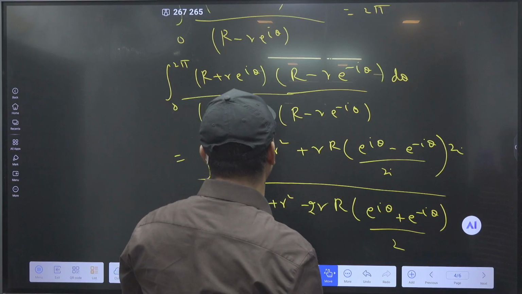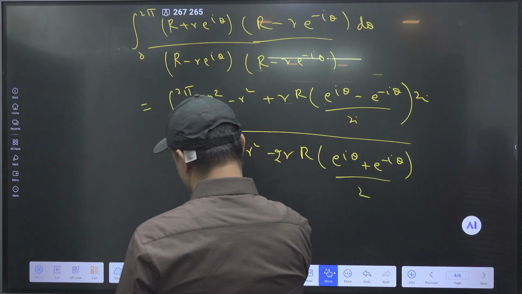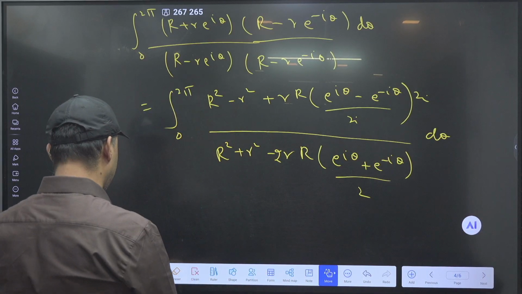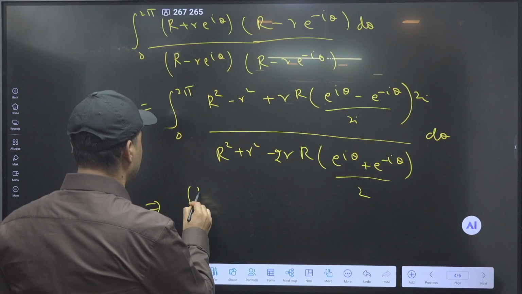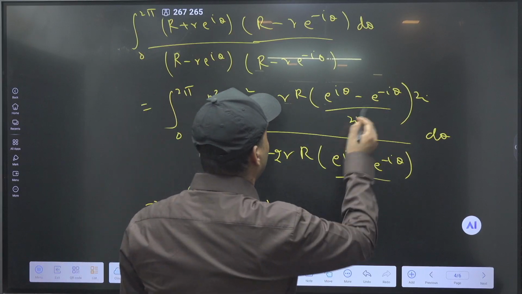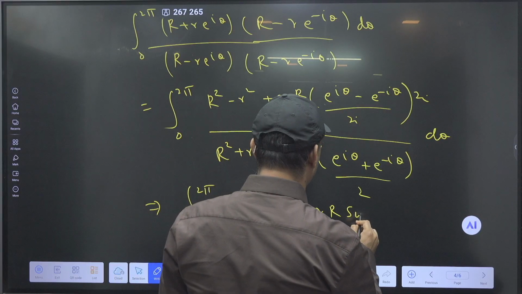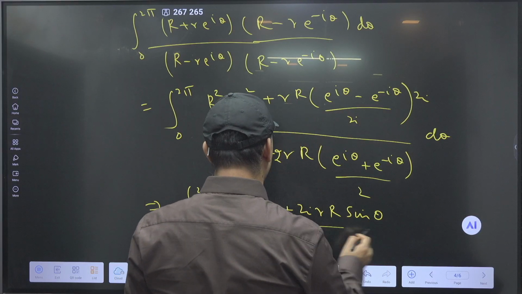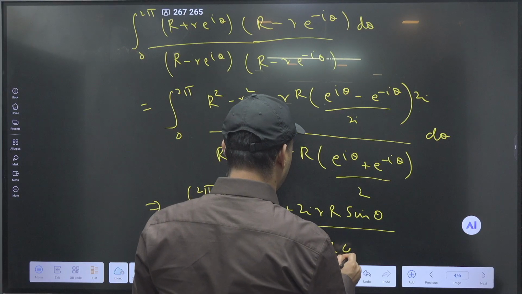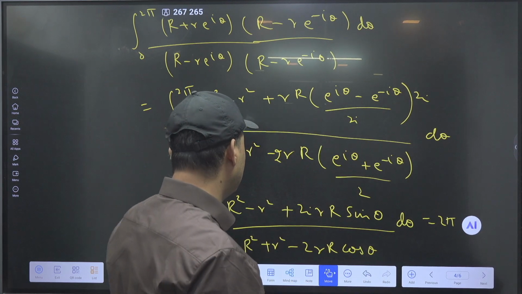Now what do you get? What do you get out of this? So this seems a little cumbersome, difficult it may seem, but it is not so. And I can write this from 0 to 2π of (R² − r²) plus 2i r R sine theta upon R² + r² − 2Rr cos theta dθ, and this whole is equal to 2π.